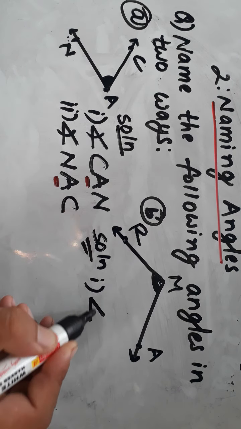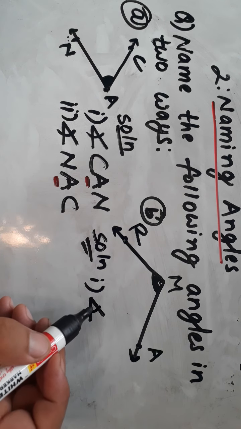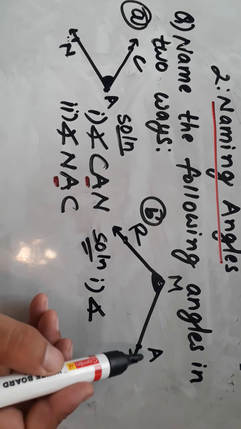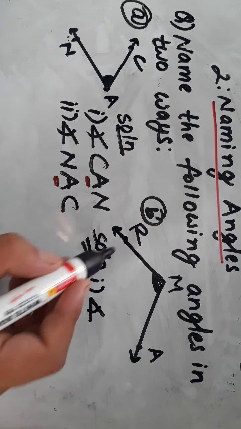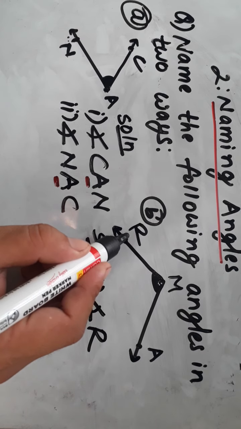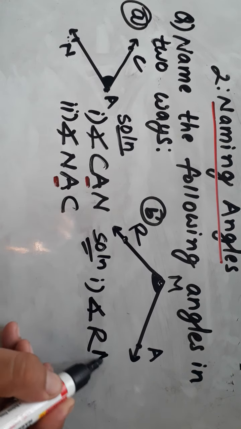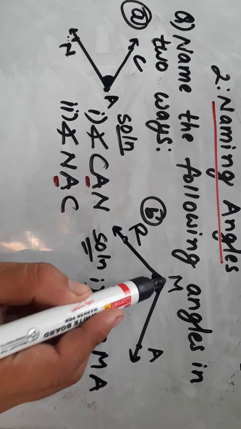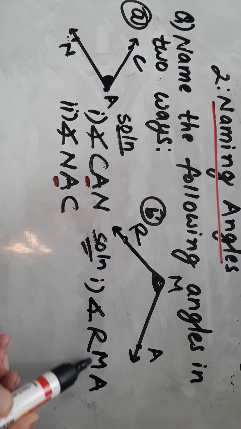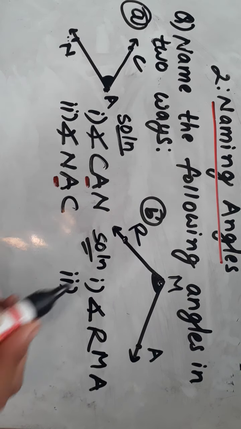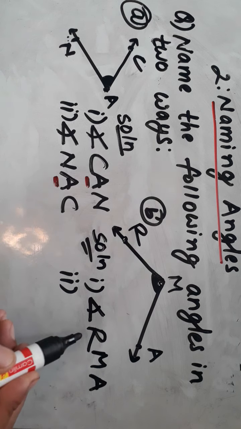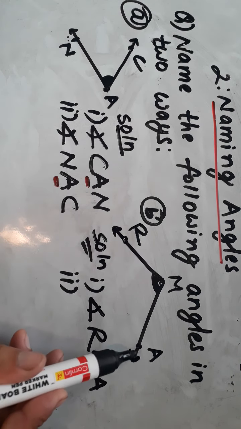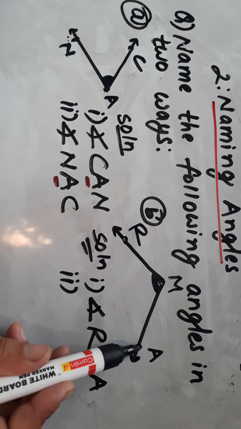So let's write. This is your symbol of angle. Now you have to begin either from R or from A. So angle R M A. As M is the vertex, the vertex must lie in the middle. In the first way we wrote R in front. Now in the second way we will write A in front.